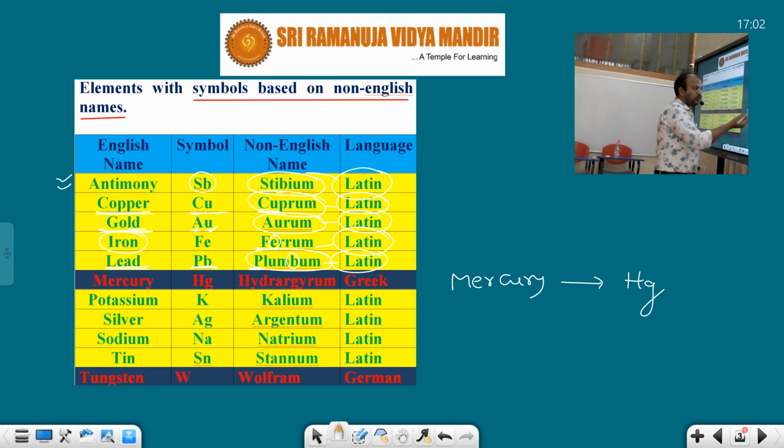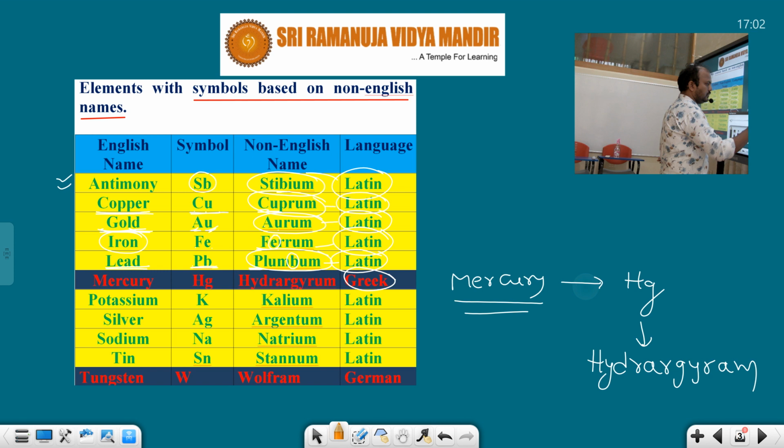Because it is derived from the Greek word hydrargyrum. In this, the first letter is H and the prominent letter is G. So Hg. This is derived from the Greek word.